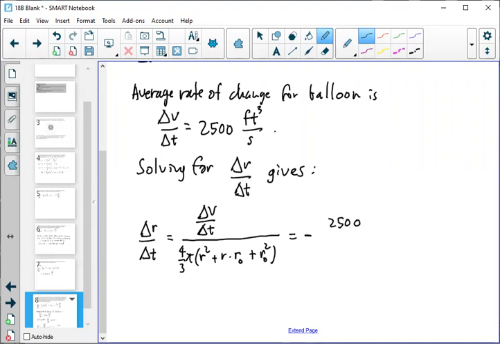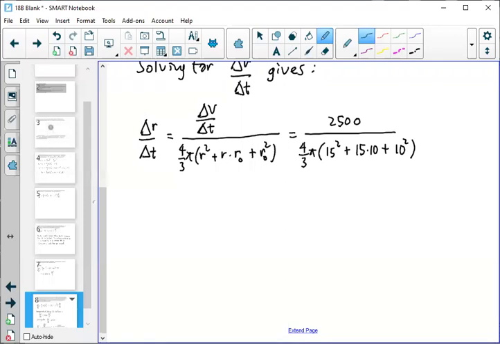We do that. And then we get 4/3 pi times 15 squared plus 15 times 10 plus 10 squared. And this is going to be pretty close to 1.26 inches per second.